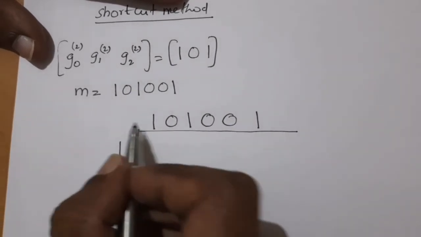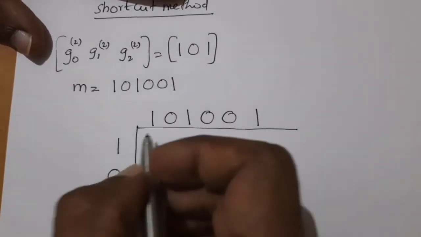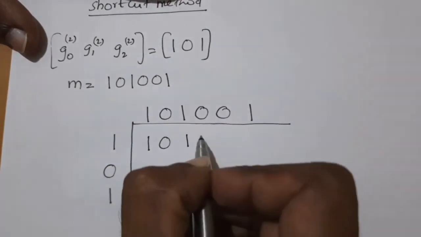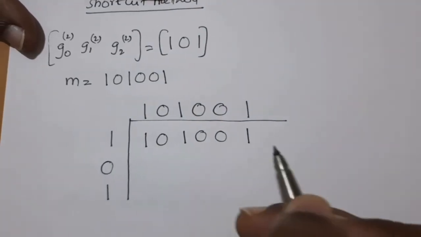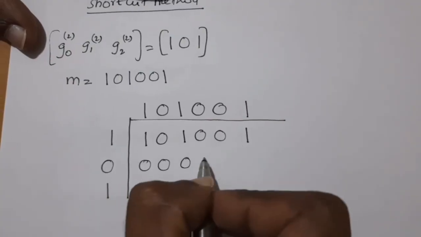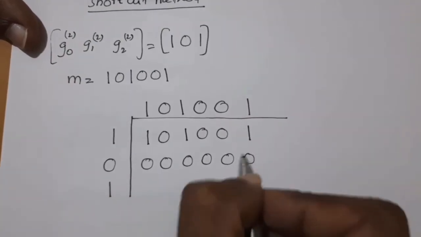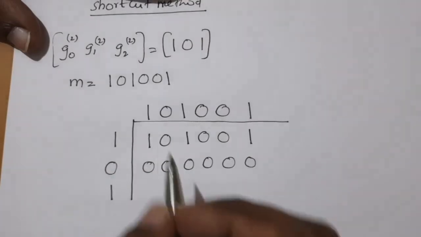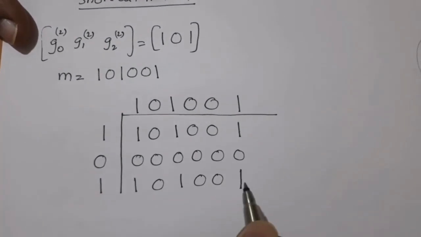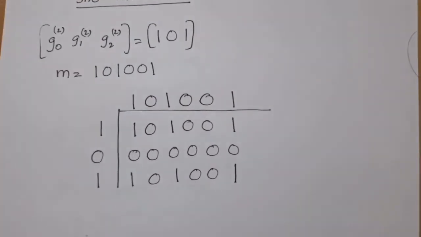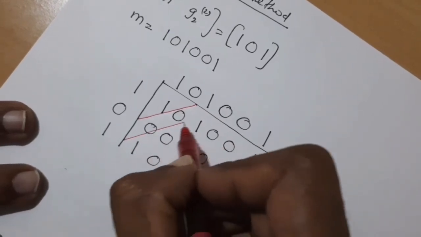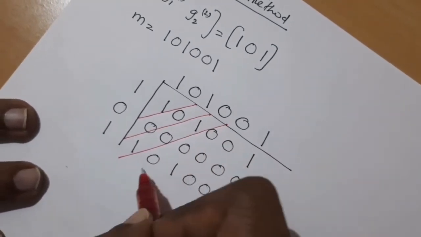Now multiply this with the message sequence, or we can say that if 1 comes, you repeat the sequence here, 101001. If 0 comes, fill it with zeros, 0000000. Again when 1 comes, you repeat the sequence, 101001. Now group in a diagonal manner like this.